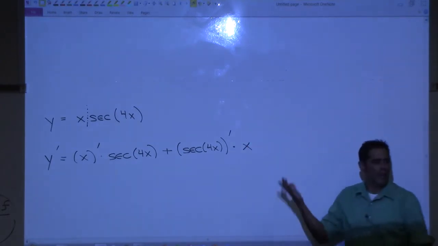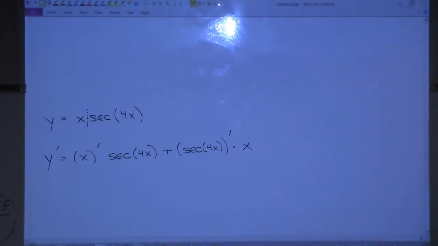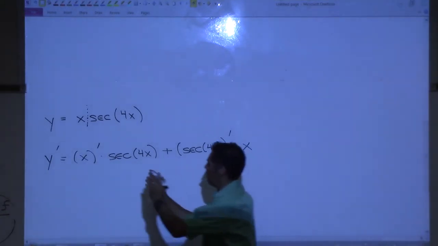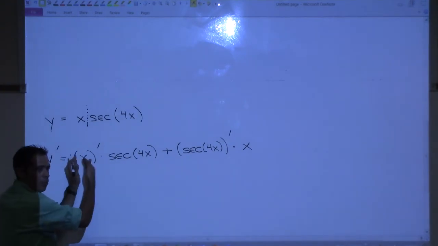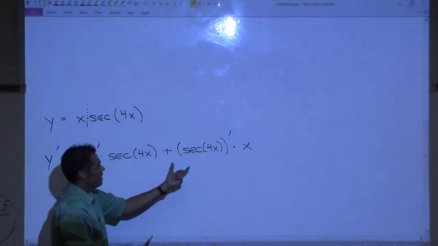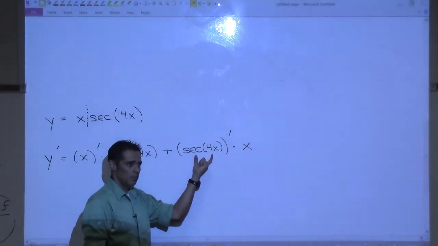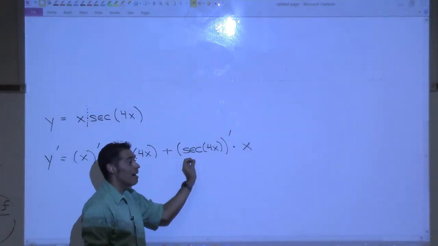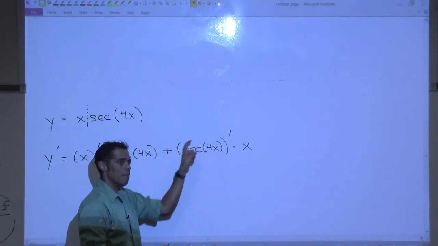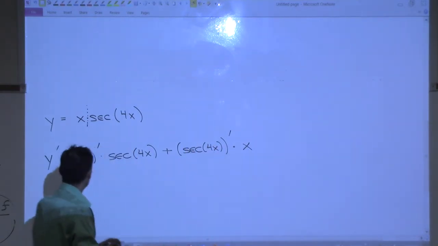Does everyone agree that that makes the most sense? We have a product, so we apply the product rule. Now, do you see that when you take derivative of this, no problem, right? 1 times that. But when you get to this, you actually have to use the chain rule because you have secant of 4x. So you have to do a little composition here.